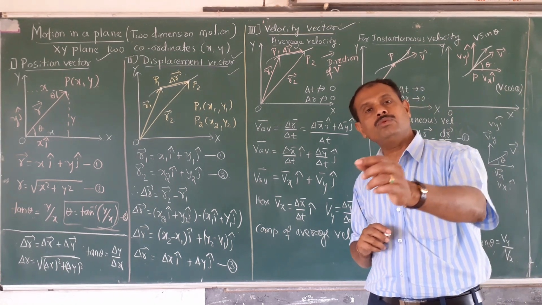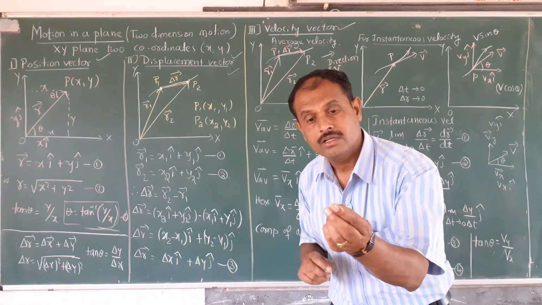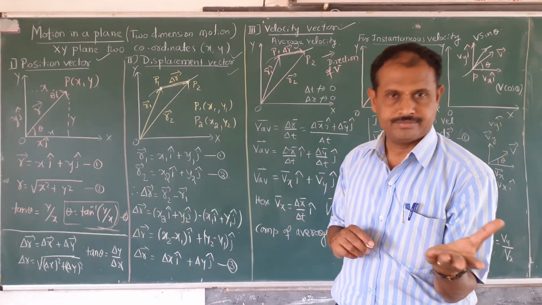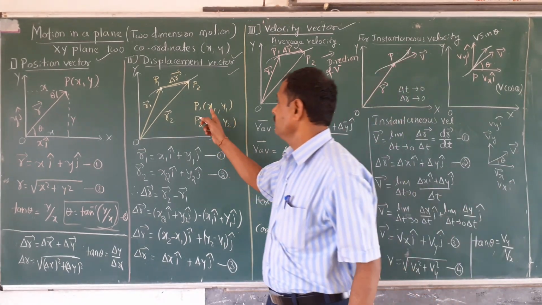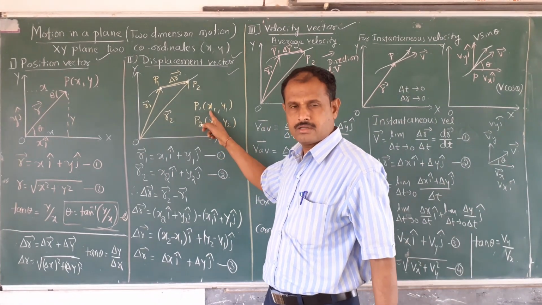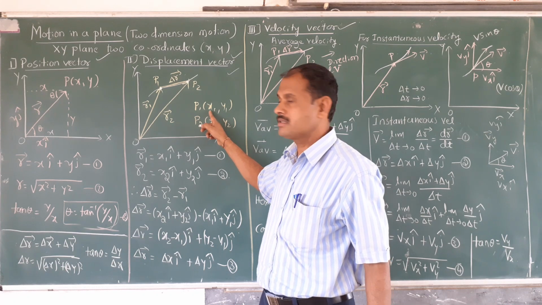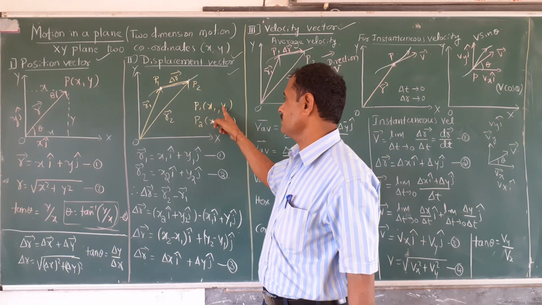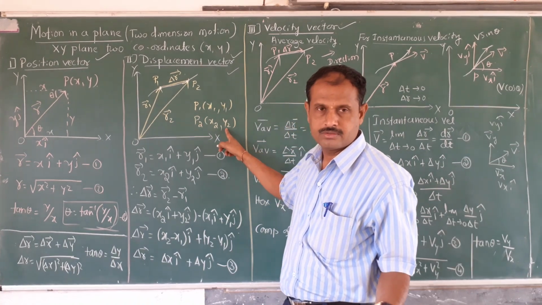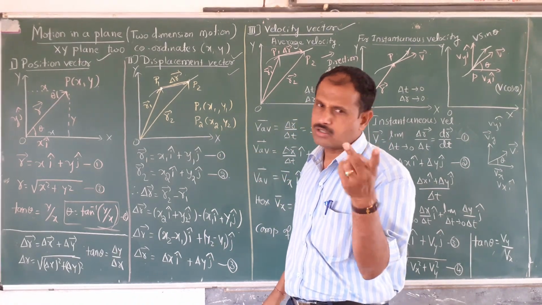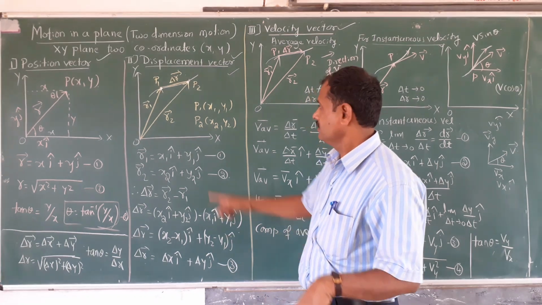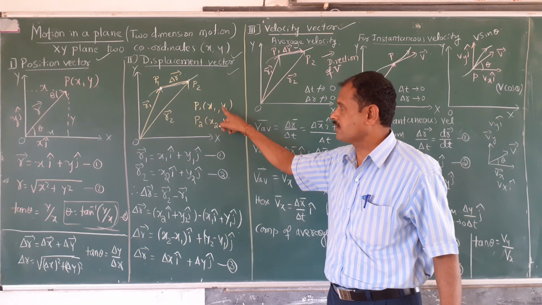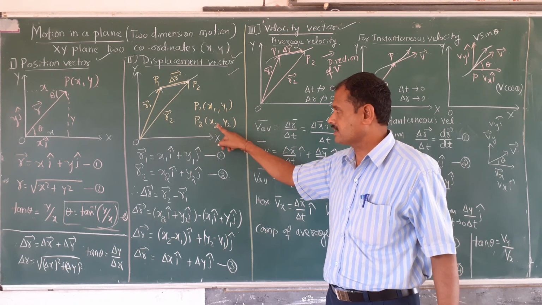When a particle moves in 2 dimension, there is a change in both coordinates x and y. Initial position along the x axis x1, now it is x2. Along the y axis y1, it becomes y2. We express both the coordinates x and y, for position P1 x1 y1, for position P2 x2 y2.